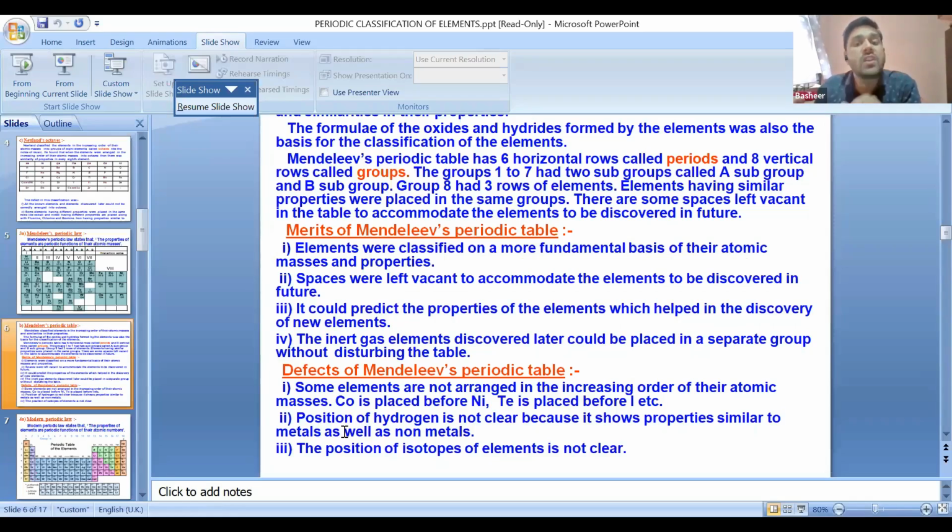Second, position of the hydrogen is not clear. Position of the hydrogen is not clear because hydrogen has two similar properties. And what he said is it belongs to the first group because hydrogen can donate one electron and become H plus. So the first group like hydrogen, sodium, potassium, these belong to the first group. They are donating elements and getting the plus charge.